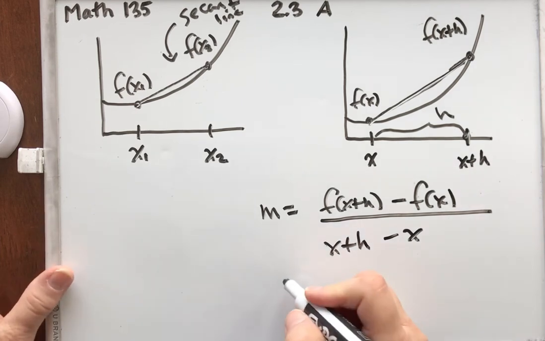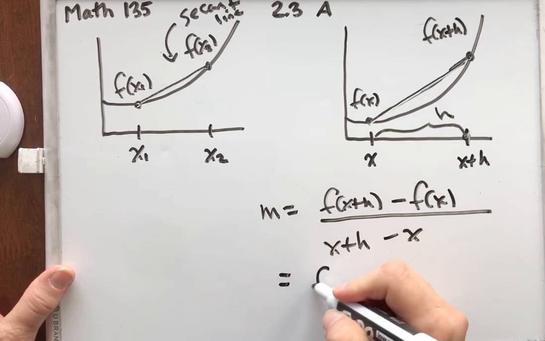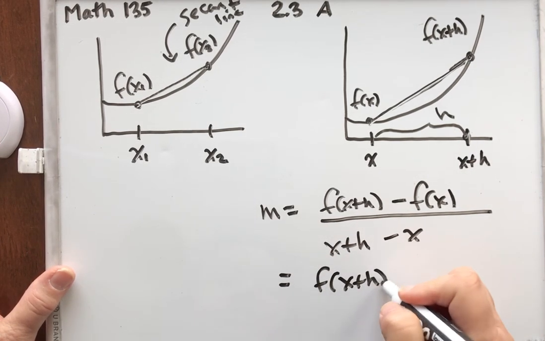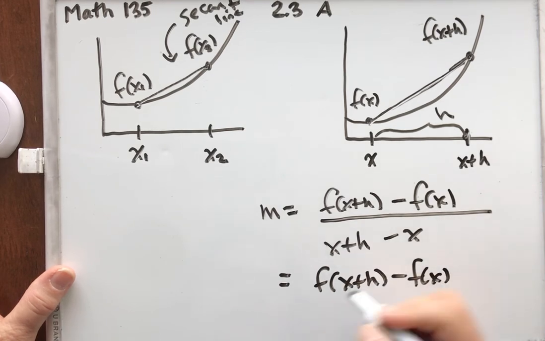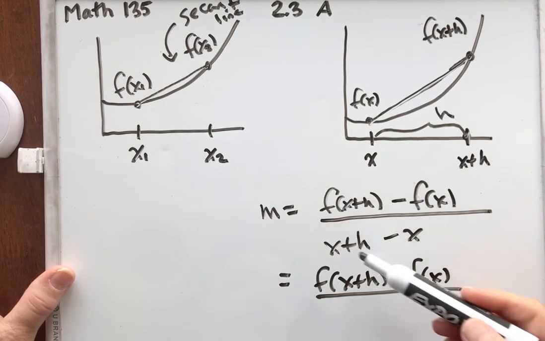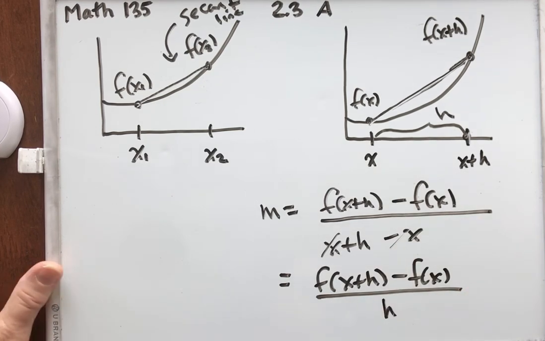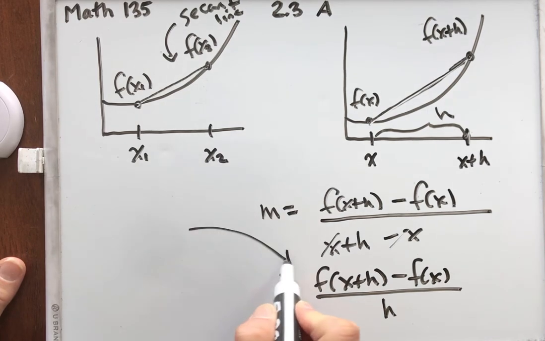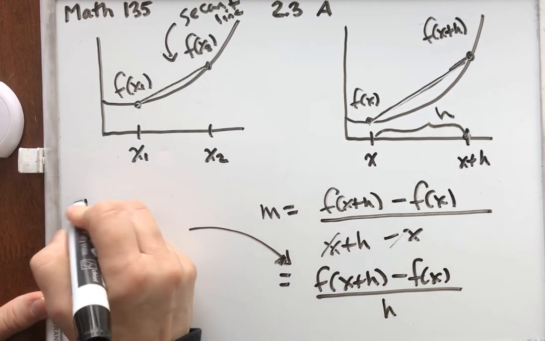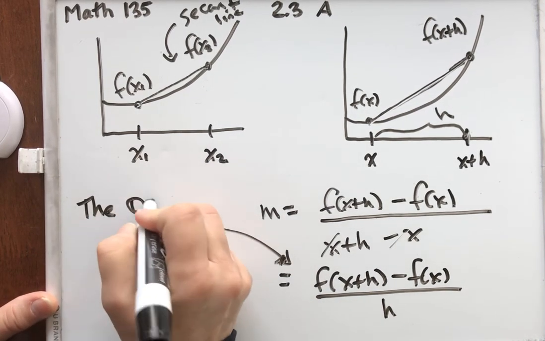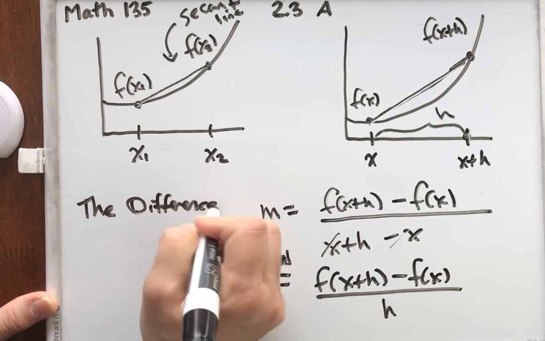Okay, let's go ahead and simplify this. F of x plus h minus f of x all over, notice the x's cancel, all over h. Okay, we call this right here the difference quotient. The difference quotient.